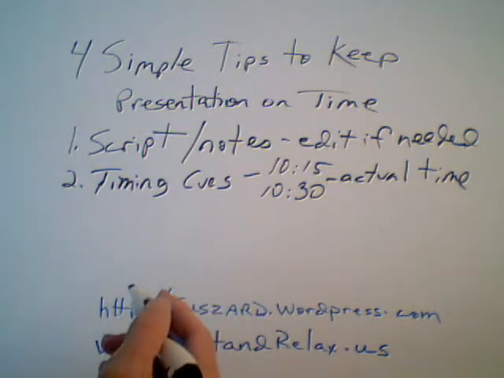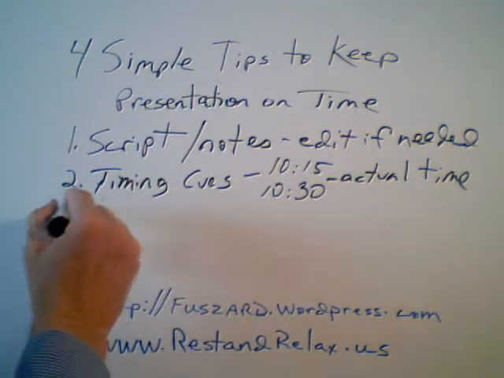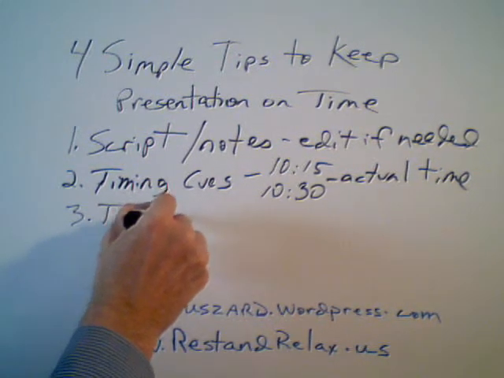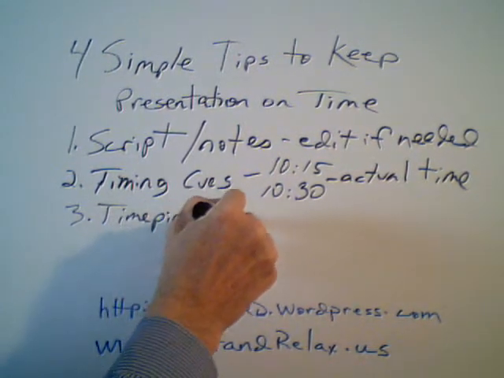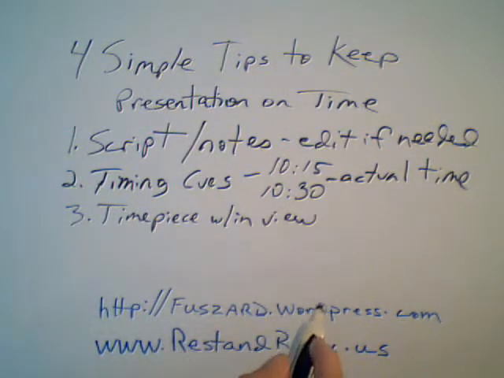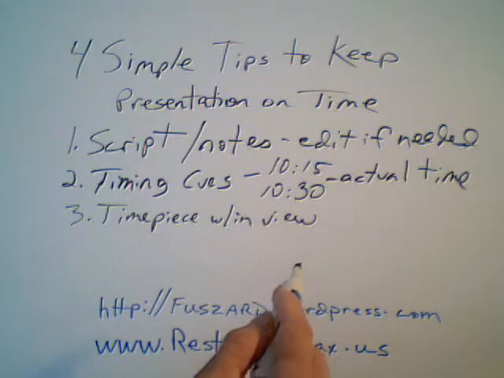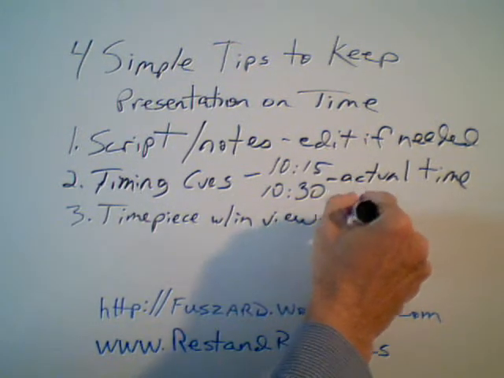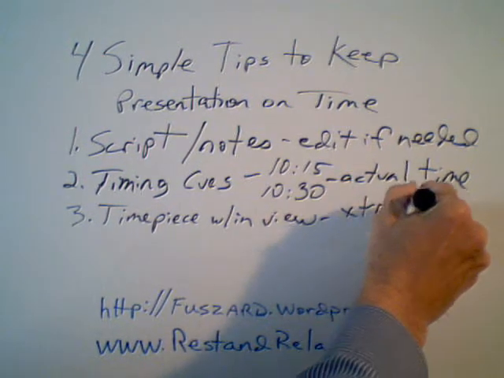Of course, you need to keep on time and see what time it is, so have a timepiece within view. It actually looks tacky if you stand there and glance at your wrist every so often. So a lot of people put an extra watch near their notes.